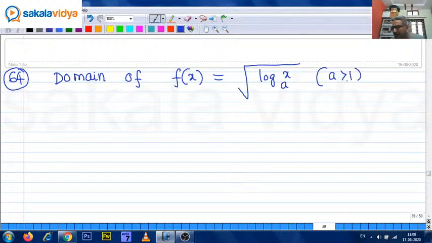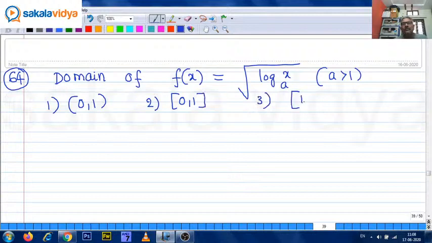The base is very important. First option is open 0 comma 1, second option closed 0 comma 1, third option closed 1 to infinity, fourth open 1 to infinity. This is the question.